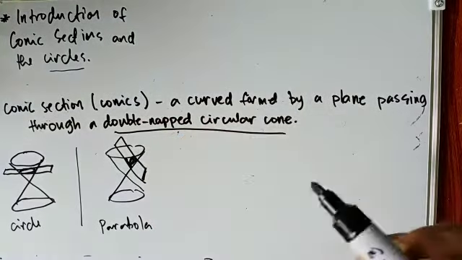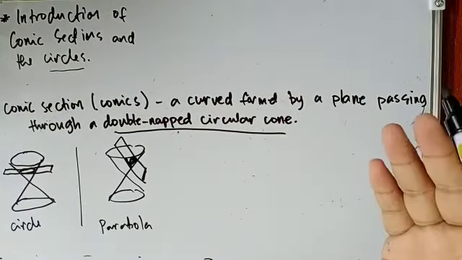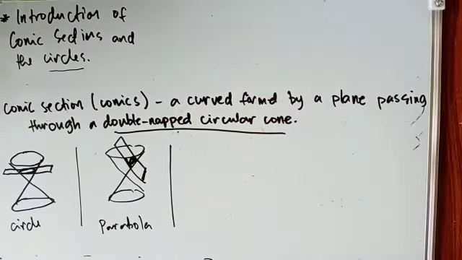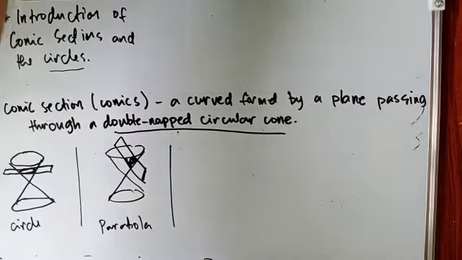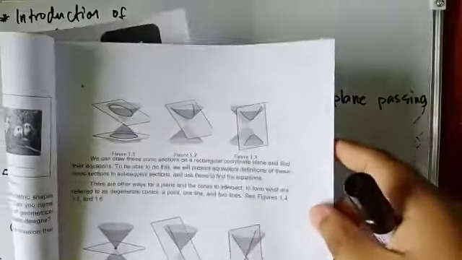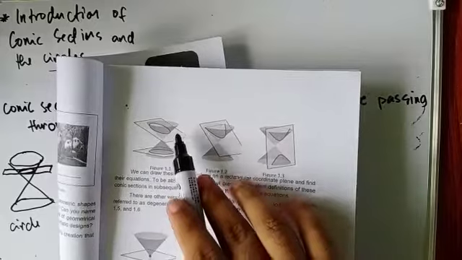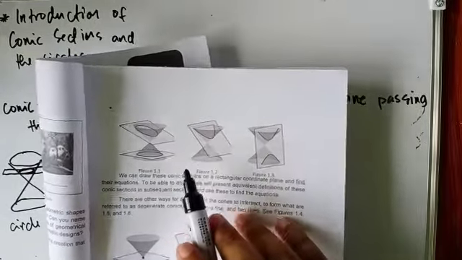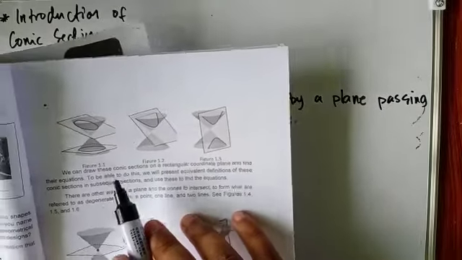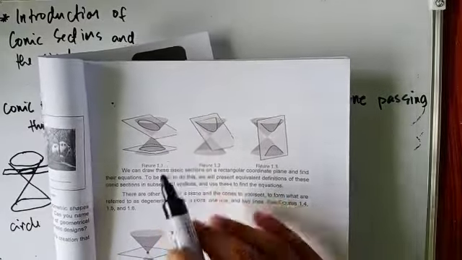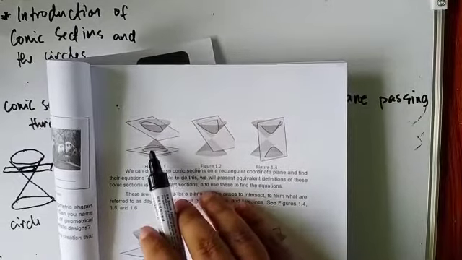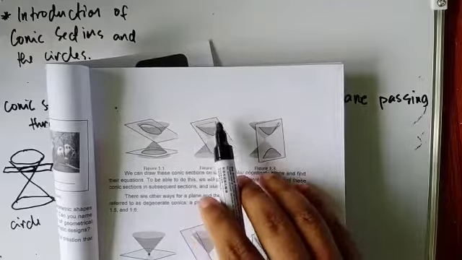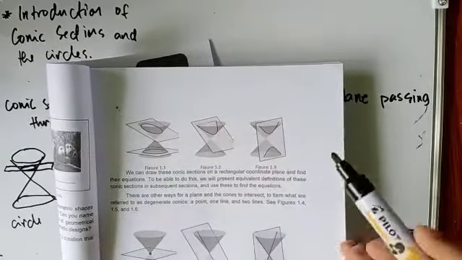Anyway, may figure tayo dun sa aklat natin. Pakita ko na lang para hindi tayo mahirapan sa pagdrawing. So ito. So meron tayong double napped circular cone, which is this one. Tapos yung plane natin, inano natin dito sa ibaba, nag-create siya ng circle. On the other hand naman, sa figure 2, nag-create siya ng parabola, paslant yung pagkalagay.